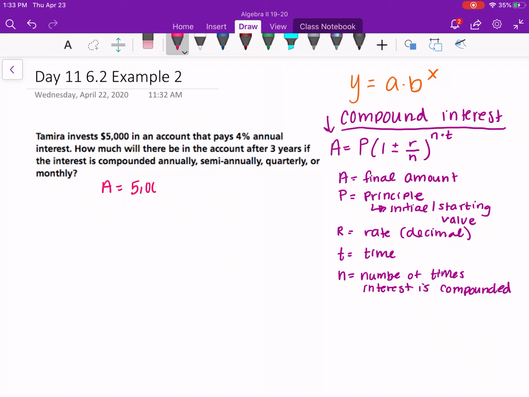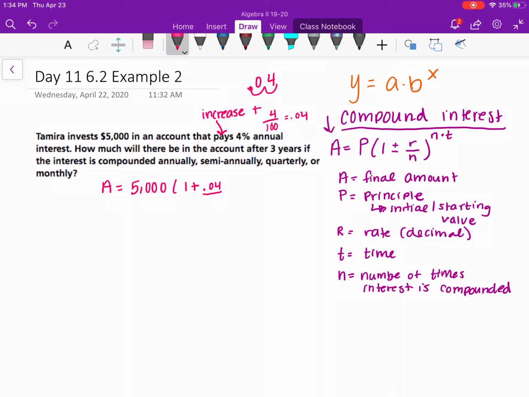We know that she starts off with $5,000 in the account. The account pays her 4%. It doesn't take 4%, so we know that that's an increase in money. It's paying money, so we know that's going to be plus. 4% as a decimal, you can move the decimal two places, or you can do 4 divided by 100. Either way, you're going to get 0.04. Oops, not done yet. Divided by the number of times the interest is compounded annually.